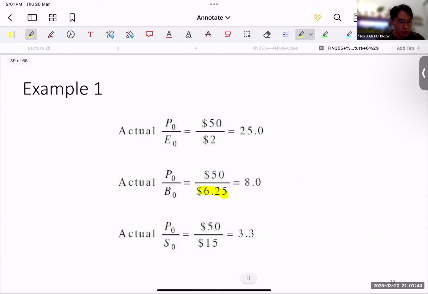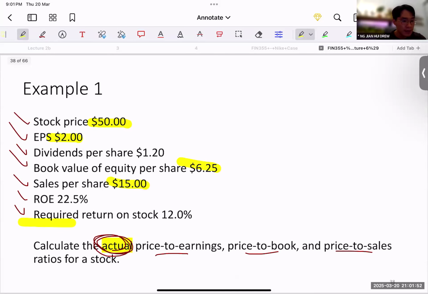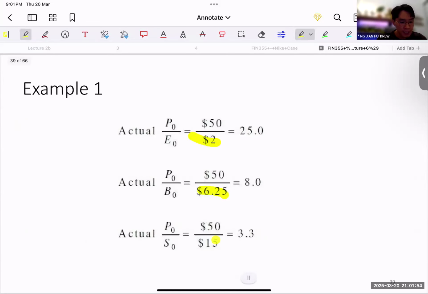So I'm just going to flip over to show you, all these are your numbers. Then last but not least, your price to sales. What is your sales figure? 15, right? So where's your 15? Here, 15. And of course, $50 is your price, that is standard. Okay. So the actual one is relatively simple.